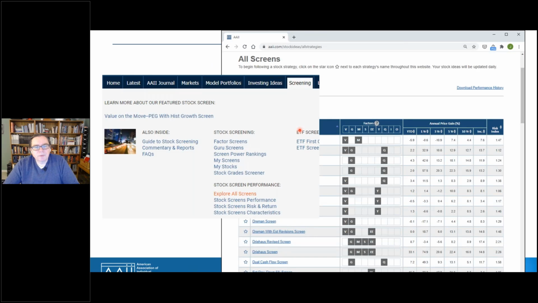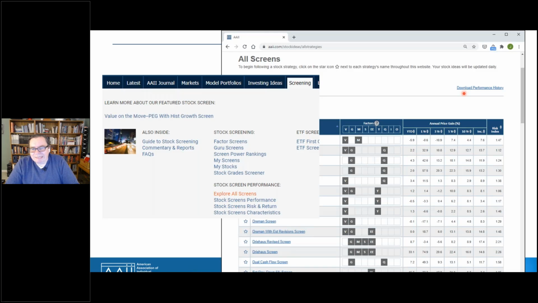One of the tables I typically look at, and a lot of our members do as well: if you hover over the screening tab, you get the Explore All Screens link. It points you to a list of all the screens. Some of our members like to download spreadsheets.